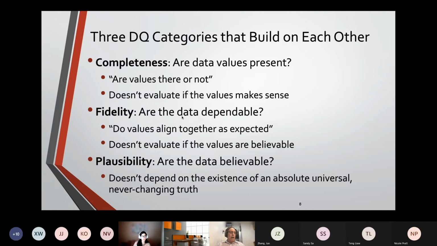The next level down, which is called fidelity, is, do they line up the way I expect them to line up? Are they somewhat related in the way that I expect them to be? A lot of that has to do with time. Time is an important dimension in healthcare. And then plausibility, which is basically, are the data believable? Are they accurate? Do they represent the idea or the concept that I think they should?